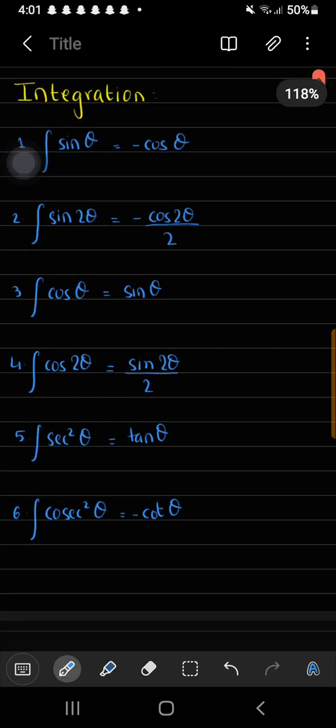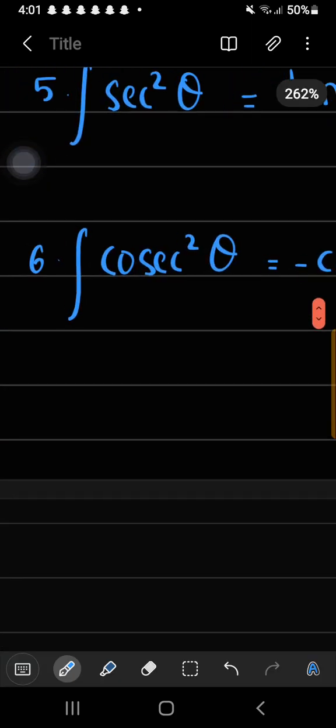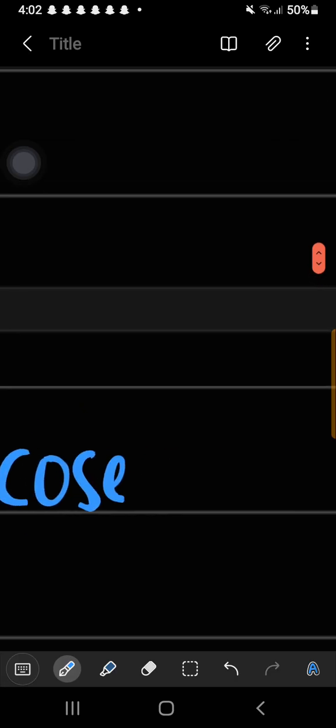So let's move ahead. For seventh property, here is cosec theta and cot theta, it becomes negative cosec theta.